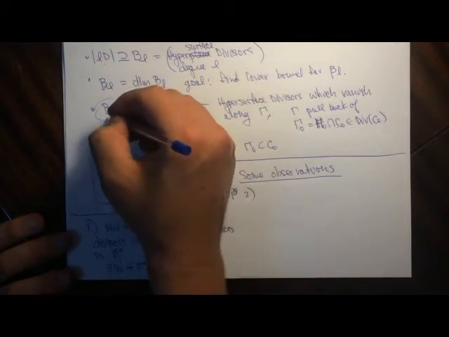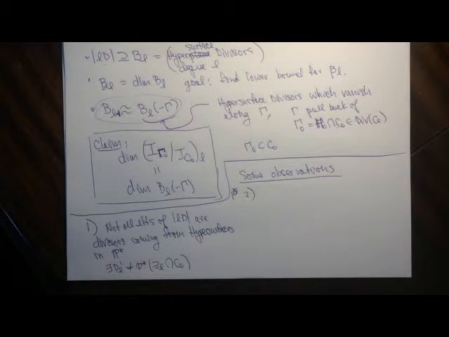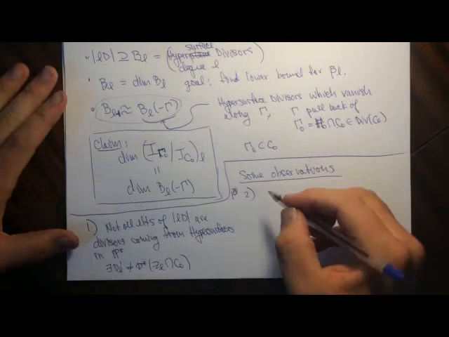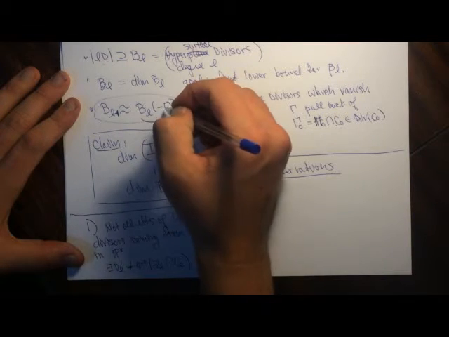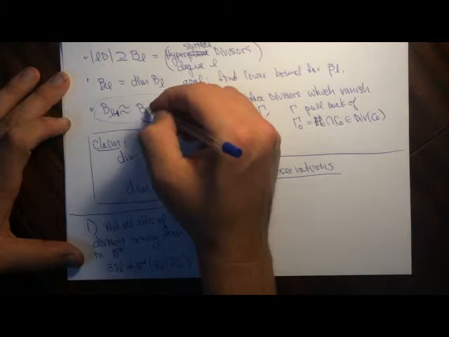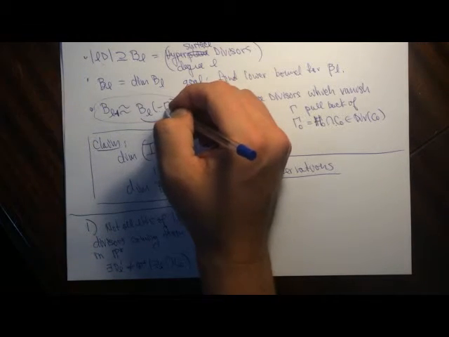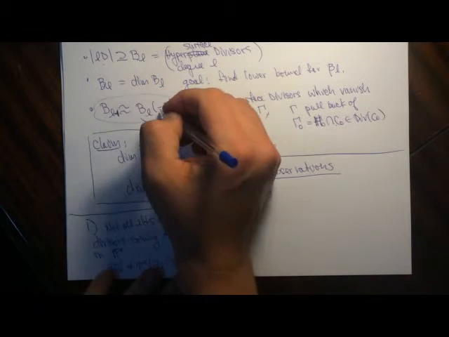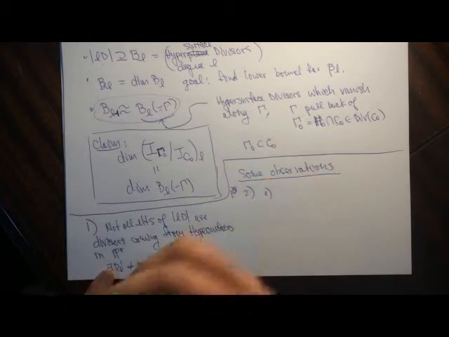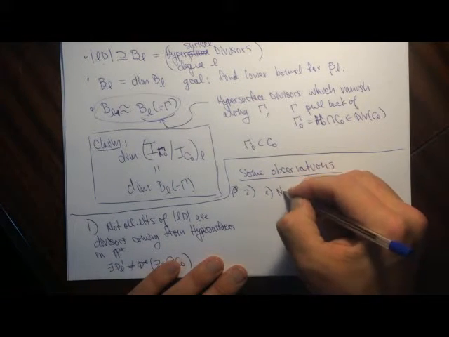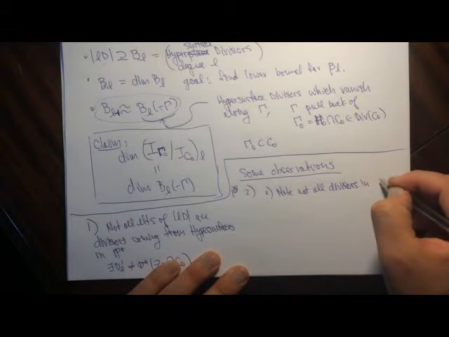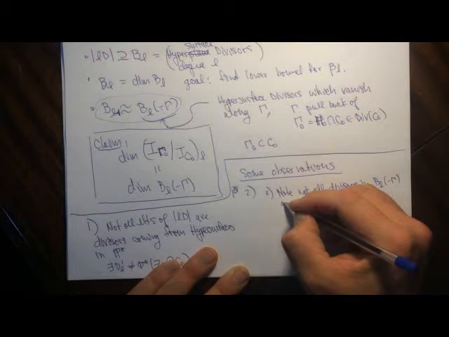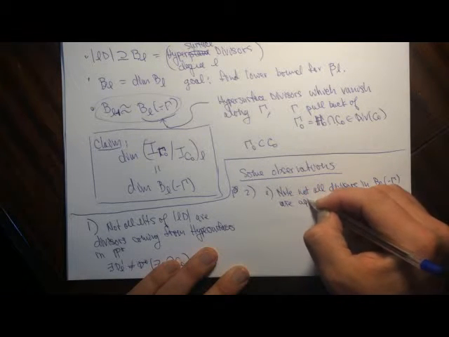So if you take a guy in BL and shift by gamma, what we'll end up getting is something that has degree L minus 1 but may not be a priori effective.